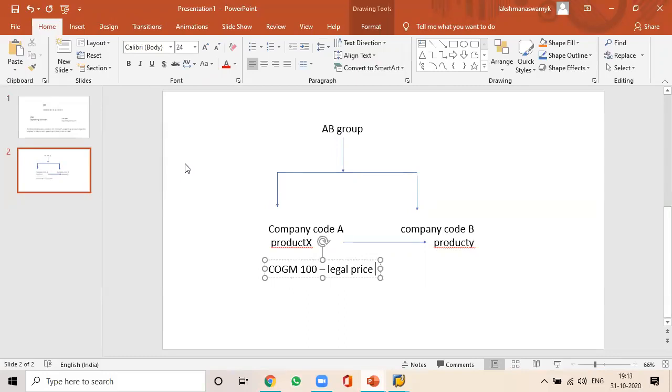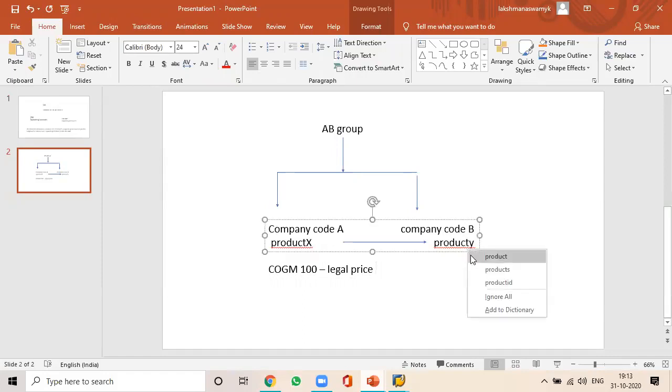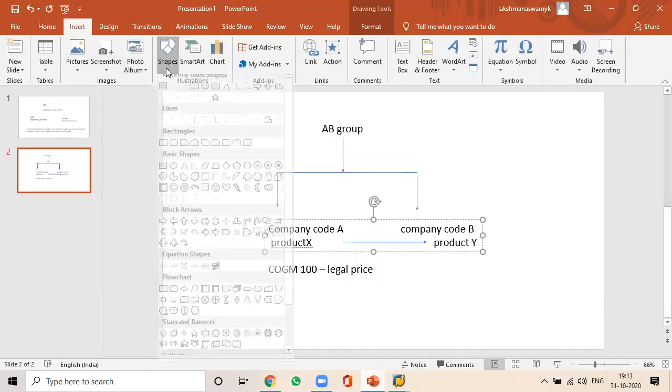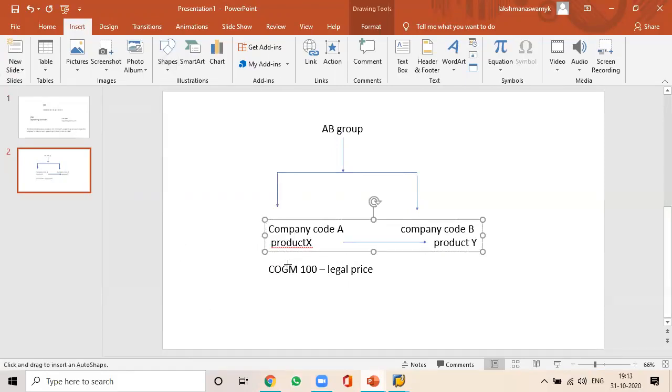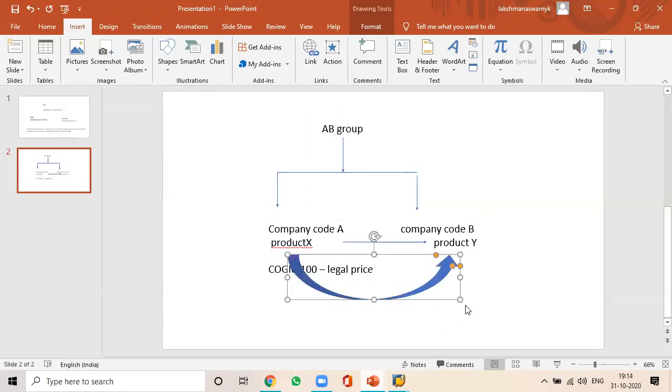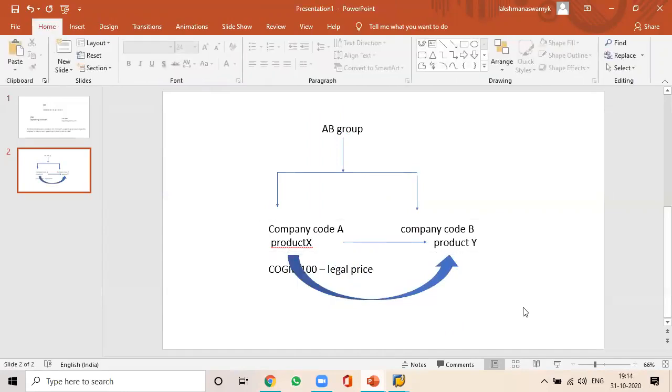Now, product X is also the raw material to product Y, which is manufactured in the company code B. So that's why company code A is also supplying product X to company code B. Right?